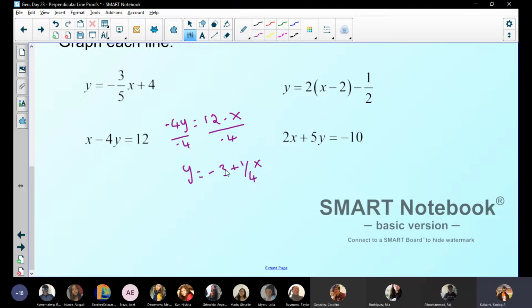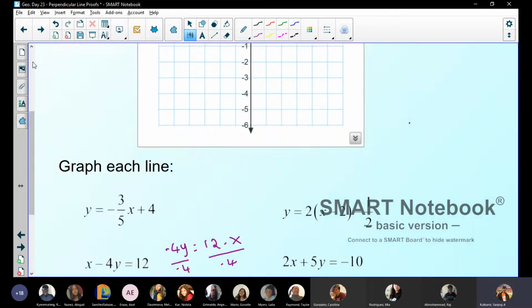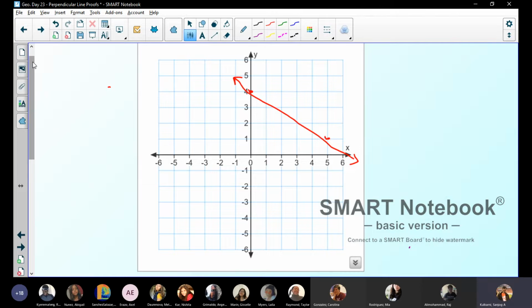So this time the y-intercept is negative 3 and the slope is 1 over 4. Okay, let's graph this. So the y-intercept is negative 3 and the slope is 1 over 4.